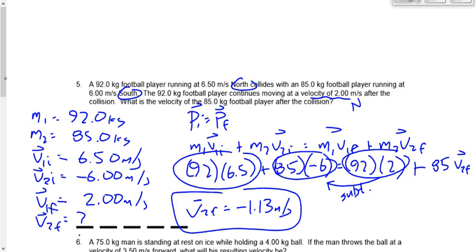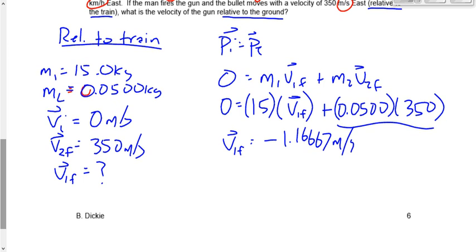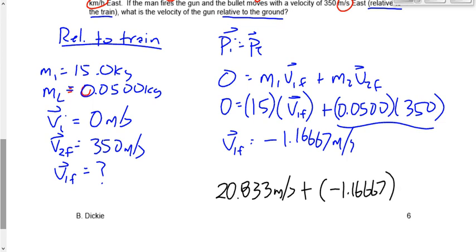How do we find the velocity of this gun relative to the ground? Well, we add the velocity of the train, which was 20.833 meters per second, that was 75 kilometers per hour, like the velocity of the moving walkway, to the velocity of the gun relative to that, like the velocity of me on the walkway.